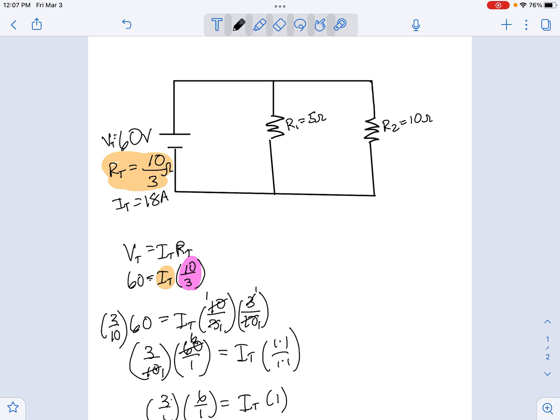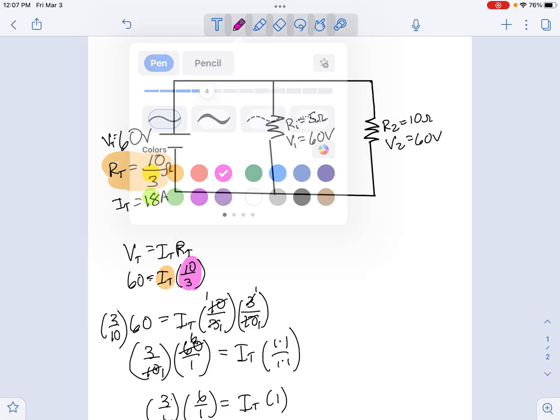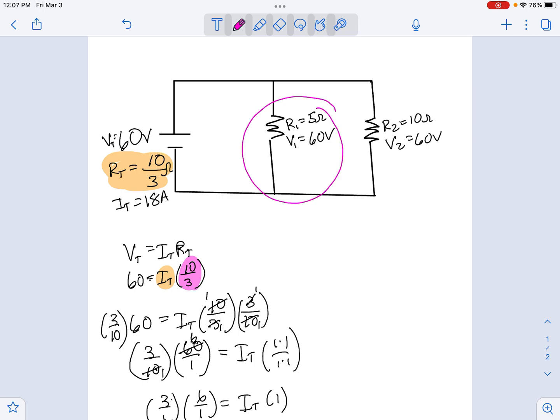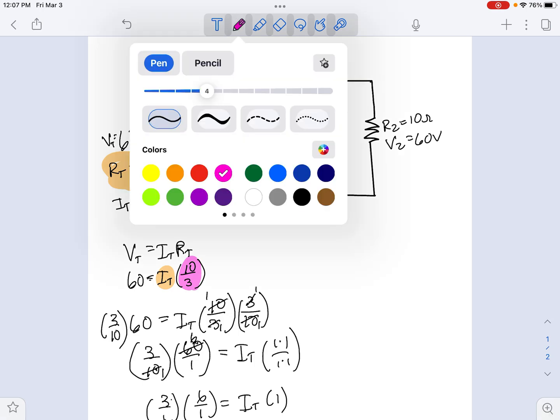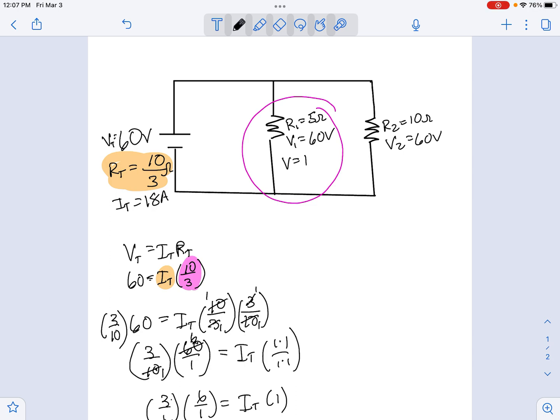Okay, now in a parallel circuit, we know that the voltage stays the same everywhere. So that means that this is 60 volts and this is 60 volts. So now we can locally look at this area and we can say, oh, let's use our main equation, which is V equals IR. But now it's local. V1 is equal to I1 times R1.